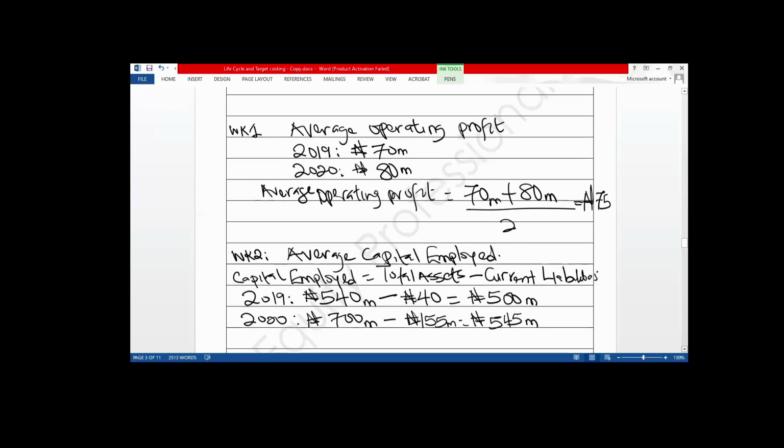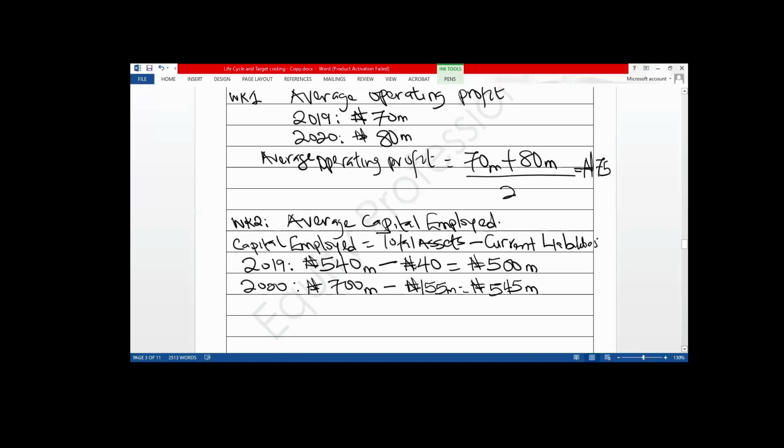Average capital employed is equal to, for 2019, 500, for 2020, 545, divided by 2.